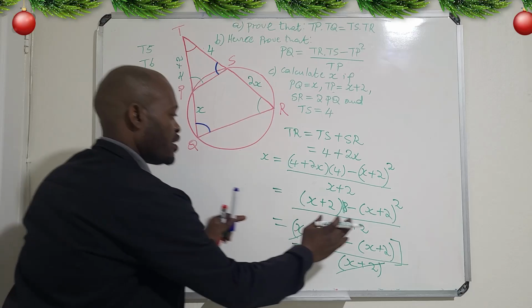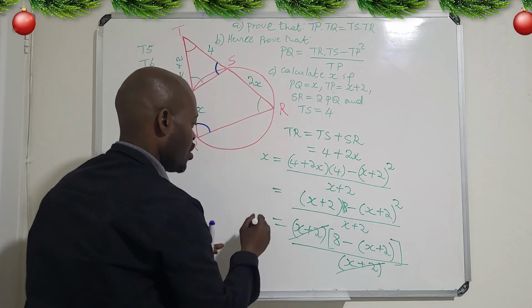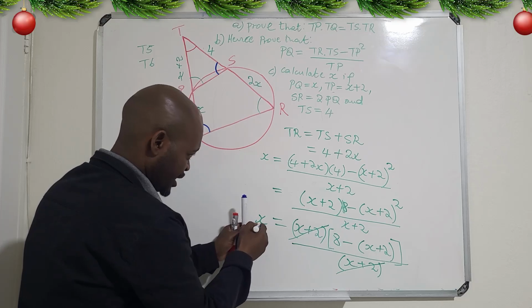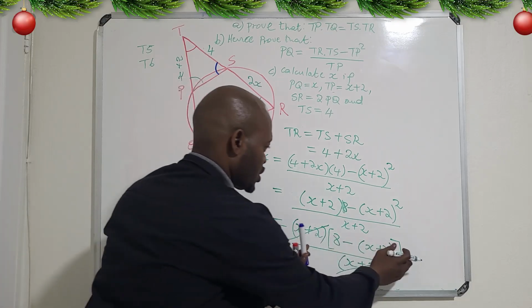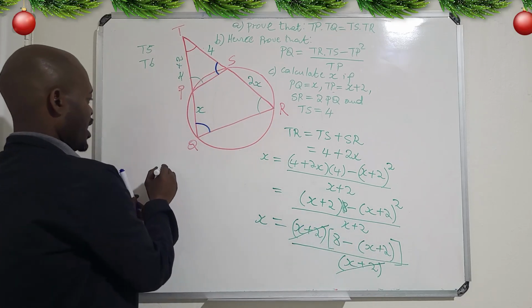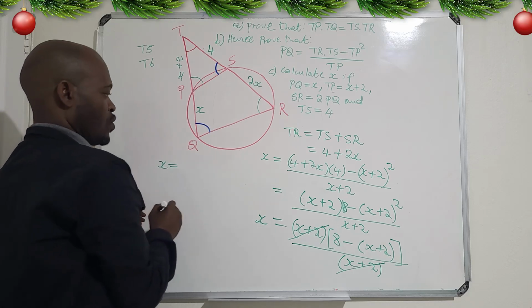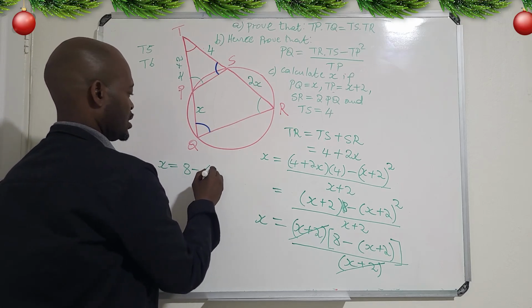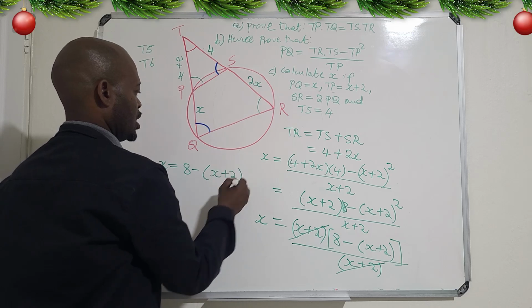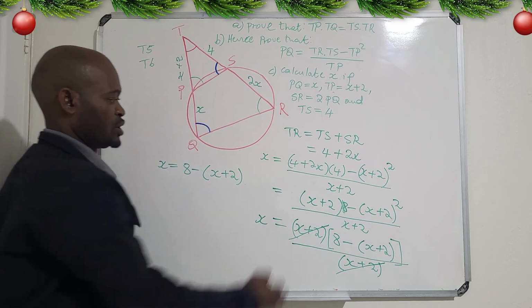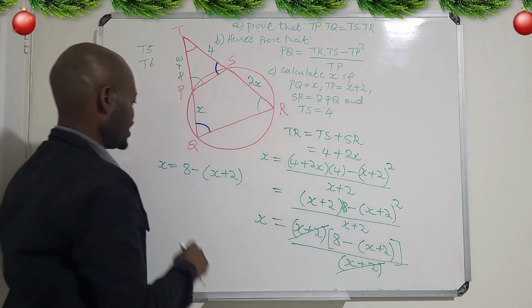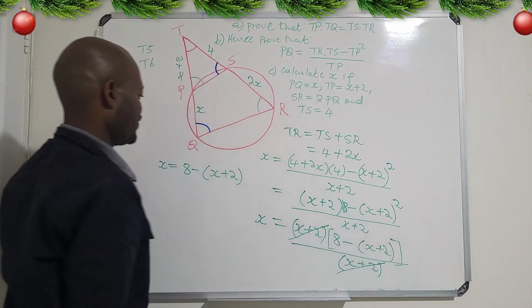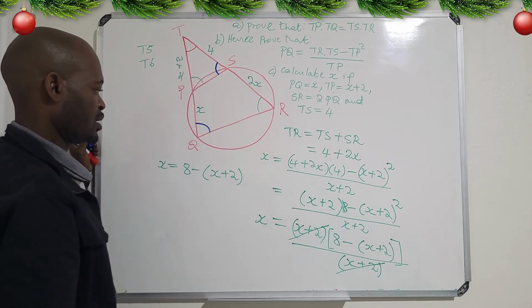After this step, obviously here we still have x there. There's your x is equals to this. Therefore, now we have x is equals to 8 minus x plus 2, because this cancelled with that. There's your x. This is what is left on the other side.